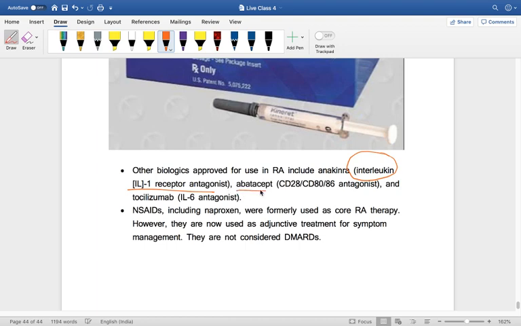Then abatacept, favorite MCQ. CD28, CD80, 86 antagonist. Tocilizumab, interleukin-6 antagonist. Please don't forget doctor. Finally, the NSAIDs like naproxen, only for symptomatic relief. They are not disease modifying.